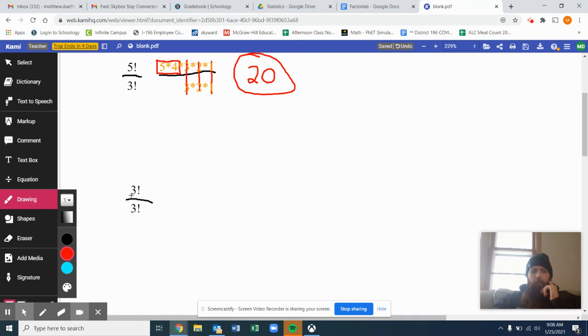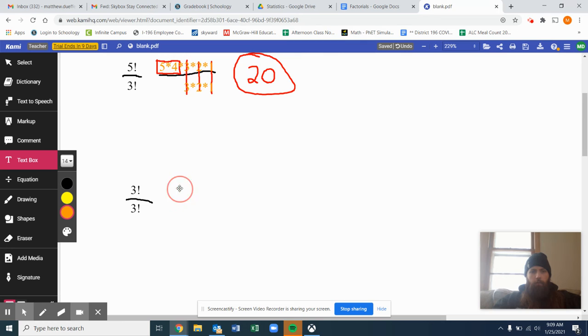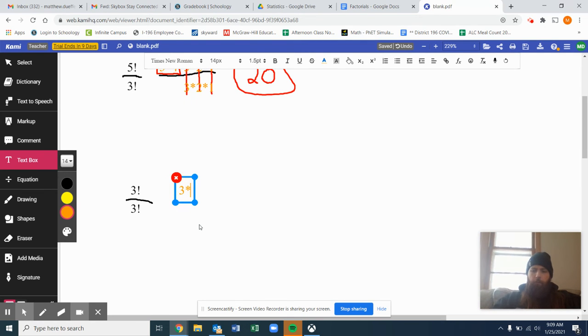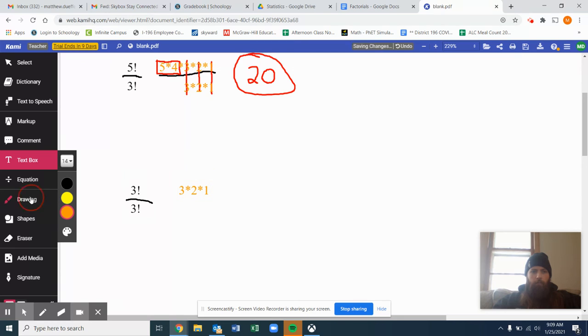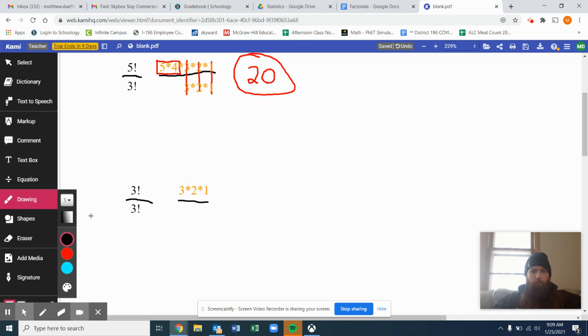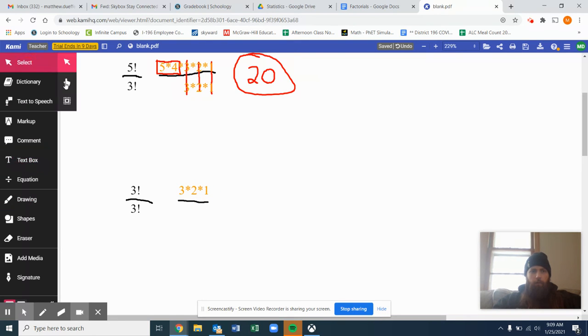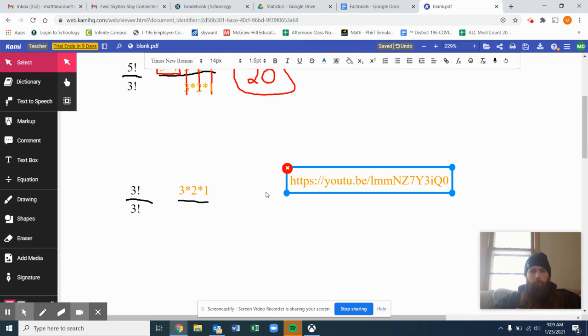So what happens if you have a number with a factorial over the same number with a factorial? Well, 3 factorial is 3 times 2 times 1. And then we got the same thing on the bottom.